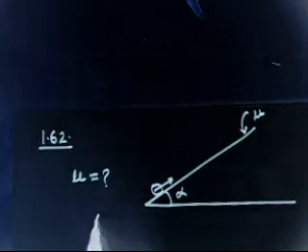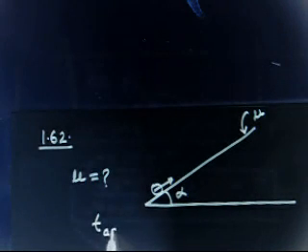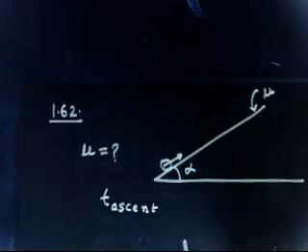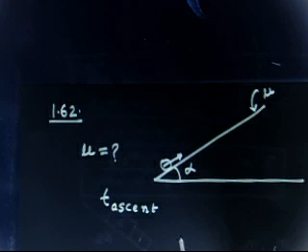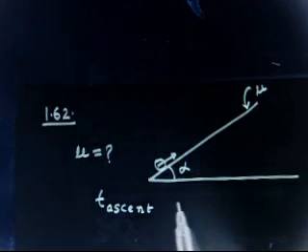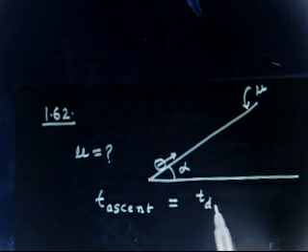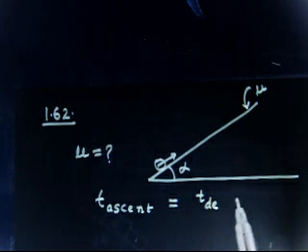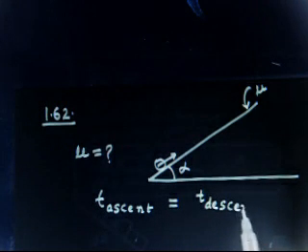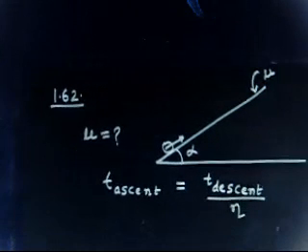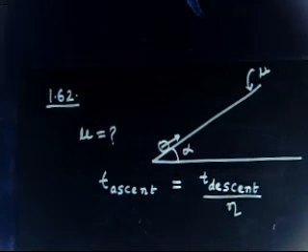So let us say the time of ascent is eta times less than the time of descent. So time of ascent is equal to time of descent divided by eta.